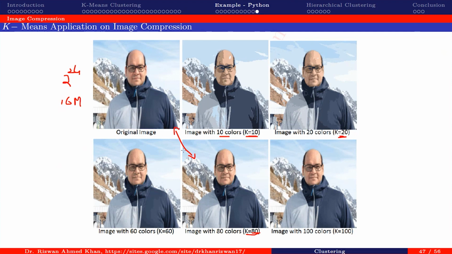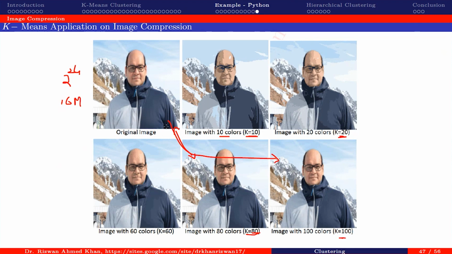I'm not talking about mathematically. Mathematically, they would be very different. But when we talk about compression, usually the end user is human, and the human visual system is not sensitive to many small details, and this is exploited by clustering. So instead of 16 million colors, I can code this image with 80 colors or 100 colors, and visually they are the same.